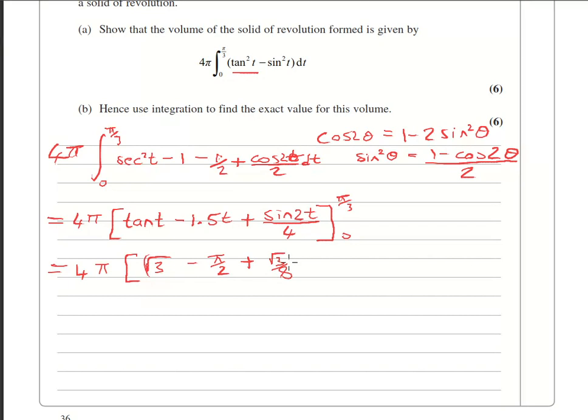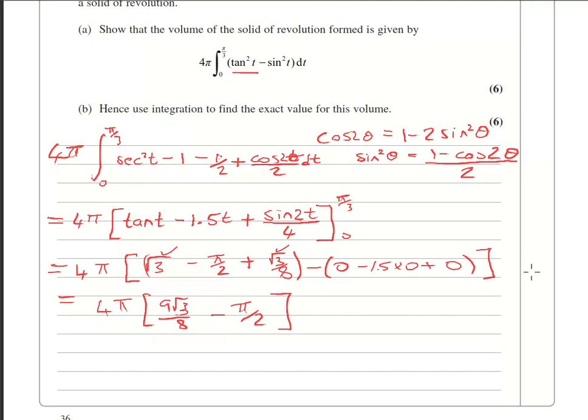Do be careful, although actually they all go to 0 at the lower limit, because tan of 0 is 0, 1.5 times 0 is 0, and sine of 0 is 0. We end up with 0, 0, 0, but sometimes that doesn't necessarily happen. If we add the root 3 to root 3 over 8, we end up with 9 root 3 over 8. That's from combining these two terms, and then minus pi over 2 on the end, and that works for the final answer. We've left it exact. Hope that makes sense.